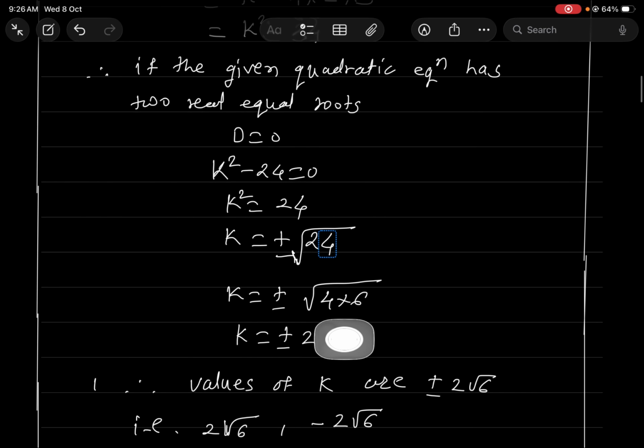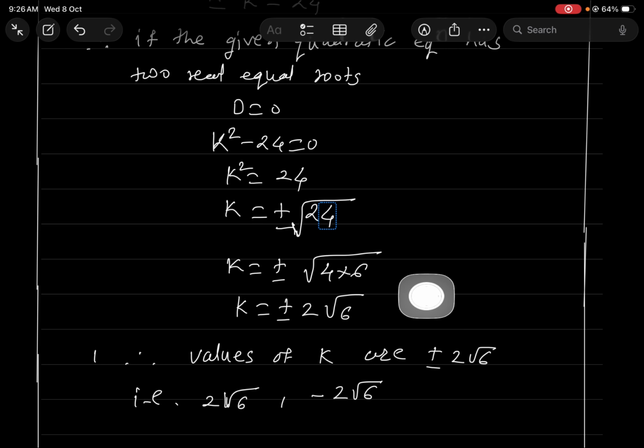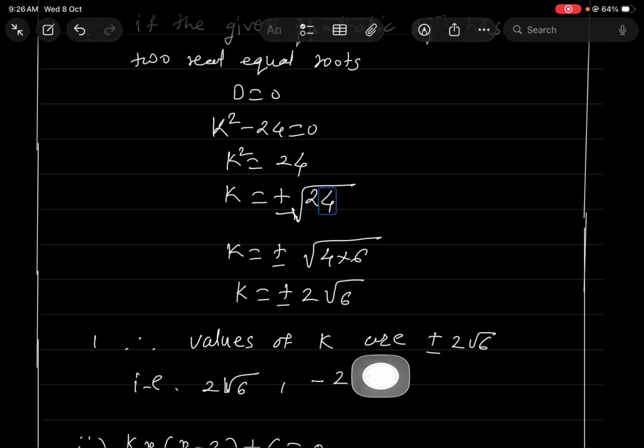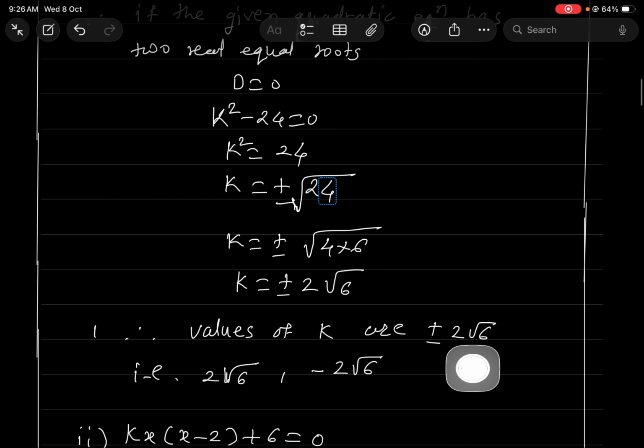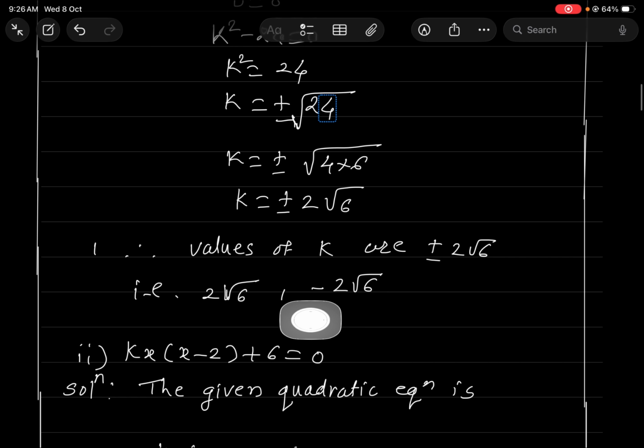Here 24 is 4 into 6, and 4 is a perfect square, so we can take its square root, 2, outside the root, and 6 remains inside. The values of k are plus or minus 2 root 6, that is 2 root 6 and minus 2 root 6. Plus or minus means one time plus, second time minus.